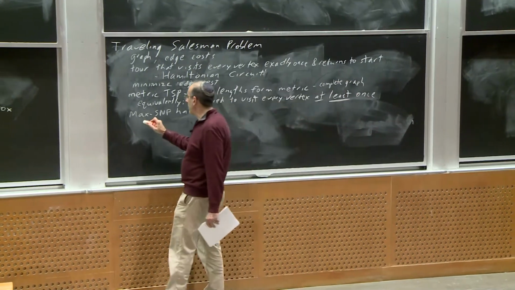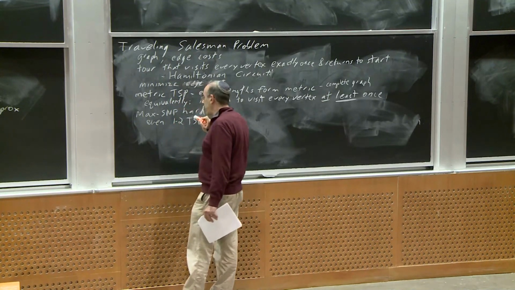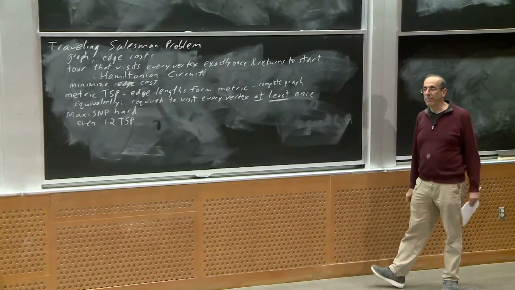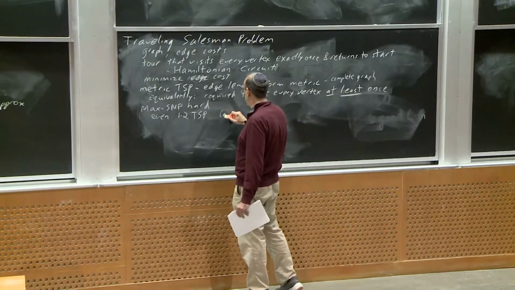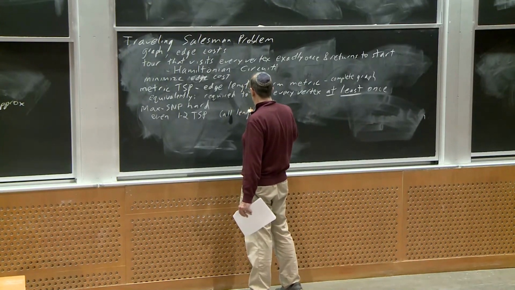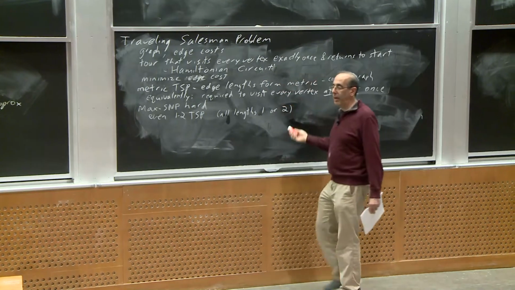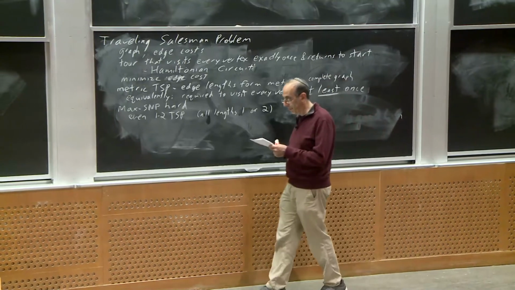In fact, even what's called the 1-2 TSP problem, where the only edge lengths are 1 and 2, is max SNP hard. Okay? You can think about why this is always a metric if you have a complete graph with all edge lengths 1 or 2. Okay.